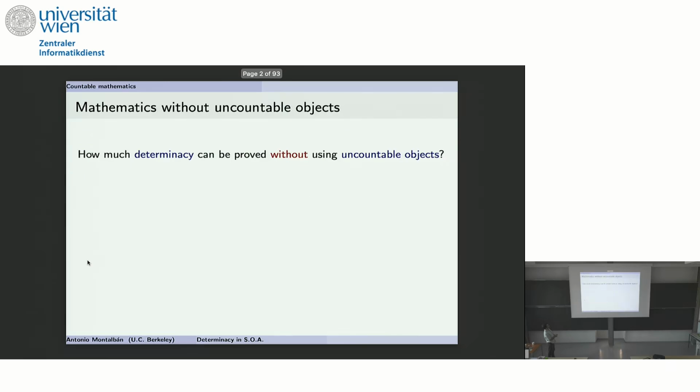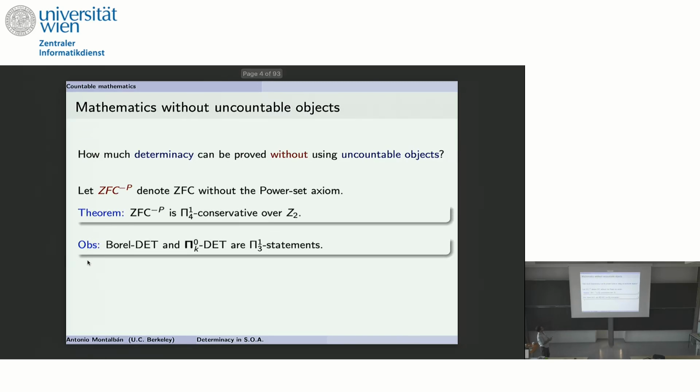All right. The first slide I usually give when there are non-reverse mathematicians in the audience, because it's the motivation for the talk. The question we set to answer is: how much determinacy can be proved without using uncountable objects?